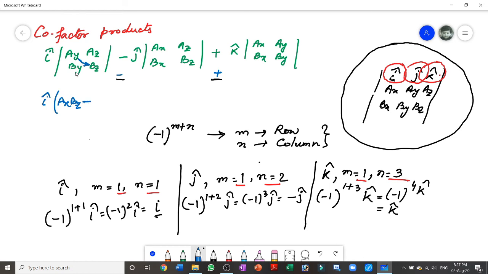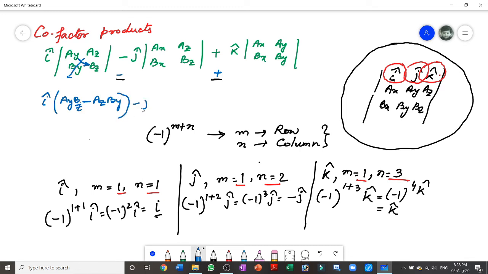Then write a minus and this section, that is az by, this is ay bz.